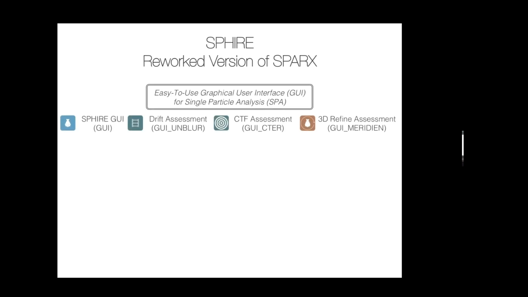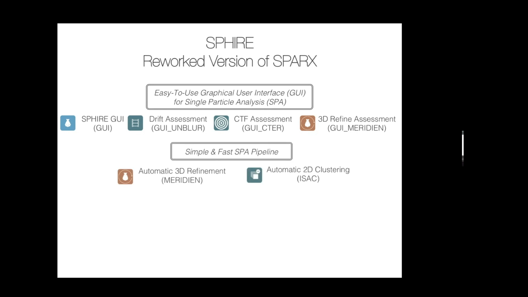Okay, let's start. Today, I'd like to talk about our software package for single particle analysis, or SPA. We named it Sphire. Sphire is the React version of Sparks. For this project, we set up 4 goals. First, introducing the easy-to-use graphical user interface, or GUI, for the people new to single particle analysis and Sphire.